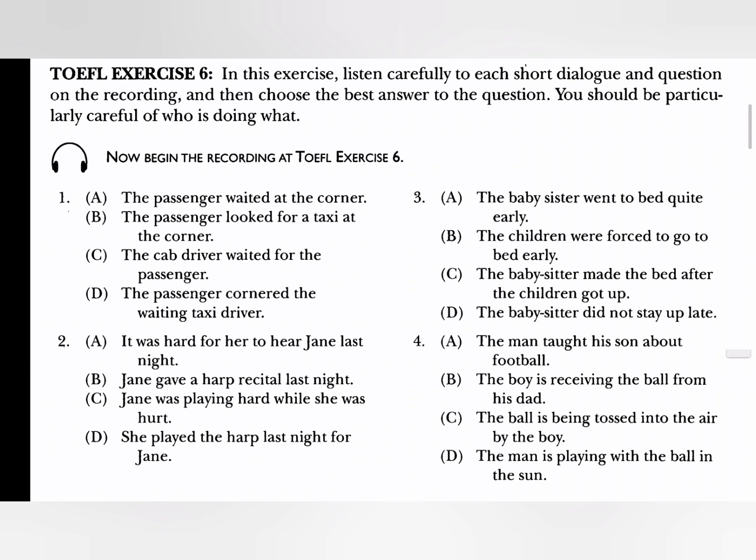This means that the taxi driver was waiting for the passenger at the corner. This statement clarifies that it was the taxi driver who waited, not the passenger.